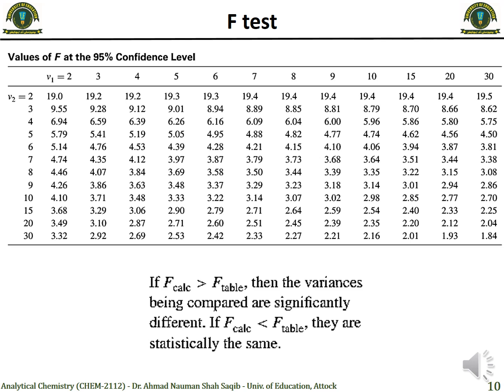If the calculated F is higher than the table value, then we say that the variances being compared are significantly different, so there is a significant difference between these two methods. If our calculated value is lower than the table value, we can say that they are statistically the same and there is no significant difference between the two methods. So let's solve an example so that you have a better understanding of how it is actually carried out.